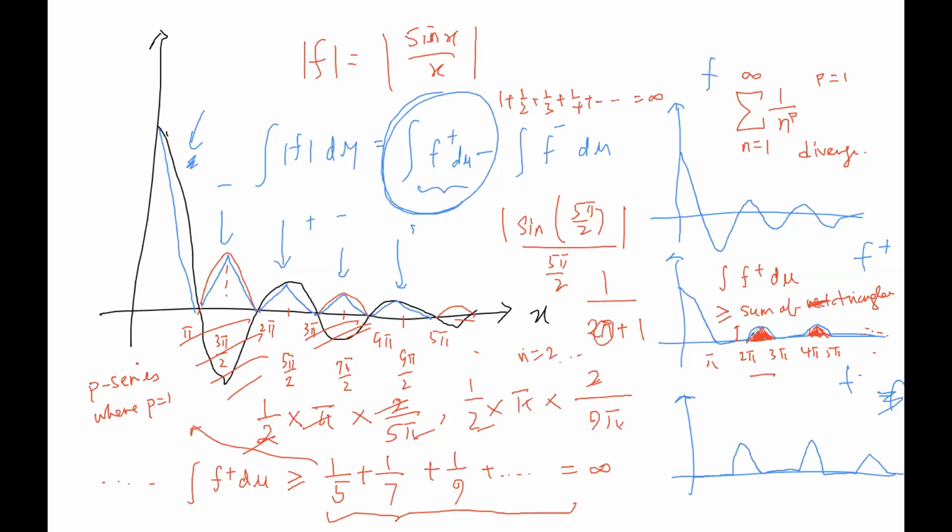Okay, so since your Lebesgue integral for f plus is already divergent, when you have a divergent integral, then that's it. This entire integral is divergent, right? You don't even have to care about this part. Okay, so you either show that the integral of the positive part is divergent or the integral of the negative part is divergent. Doesn't really matter. You can also show that the sum over here is divergent. Okay.